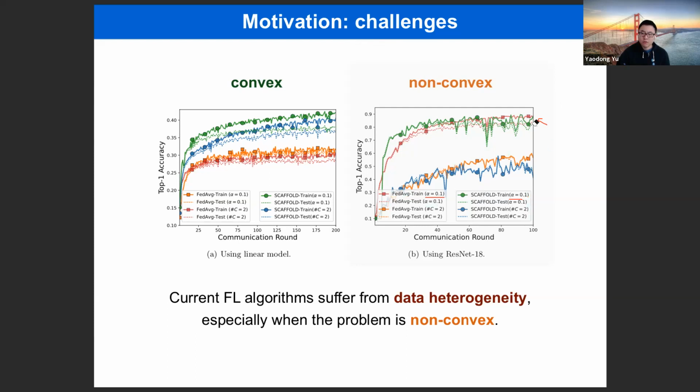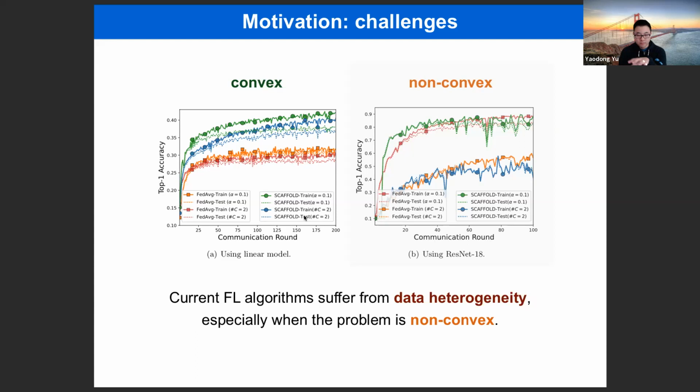Overall, we can see from both figures that if you don't have a non-convex model, data heterogeneity is not a huge problem. And if you don't have data heterogeneity, even if your model is non-convex, empirically federated averaging and SCAFFOLD work pretty well.